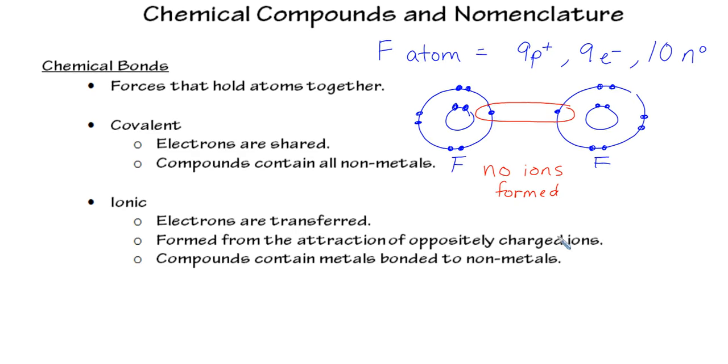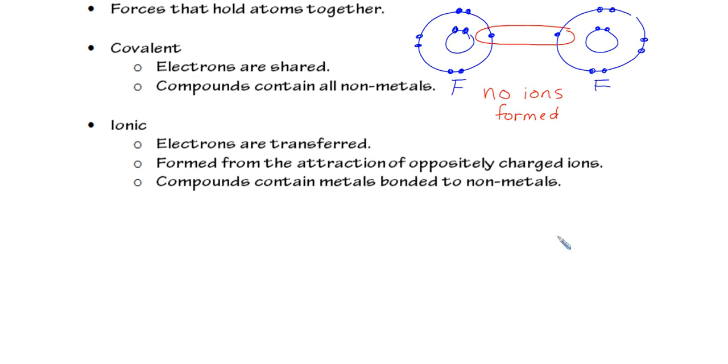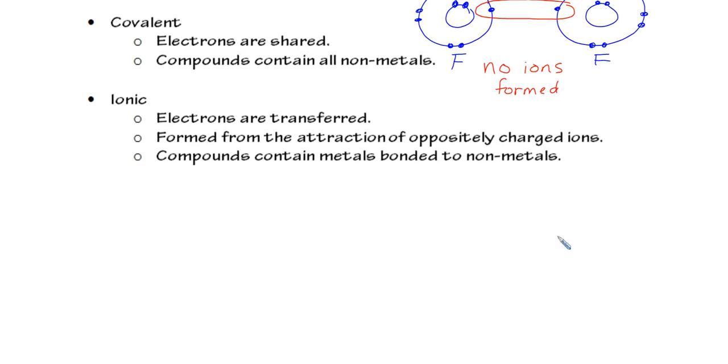In an ionic compound, we're going to transfer electrons, and that will form charged particles. So let's say we've got, how about sodium? Sodium's not going to be too crazy. Sodium's element 11. So we got the 2, and if we put 8 in the second energy level, that gives us 10.